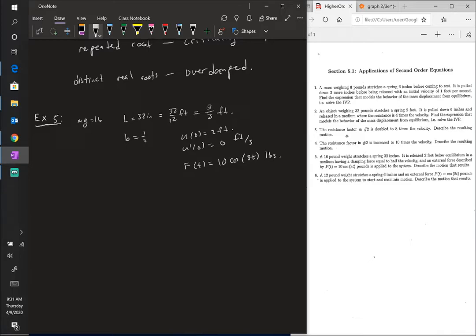Okay. And so let's look at mg equals kl. So that's 16 equals 8/3 k. And so let's see, divide by 2, multiply by 3 is 6. So k equals 6.